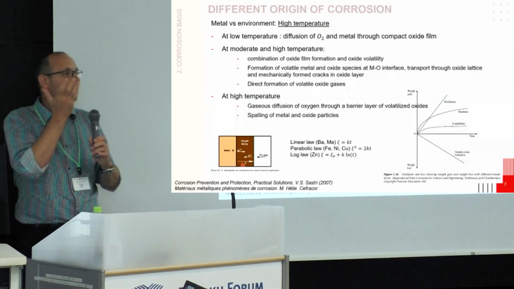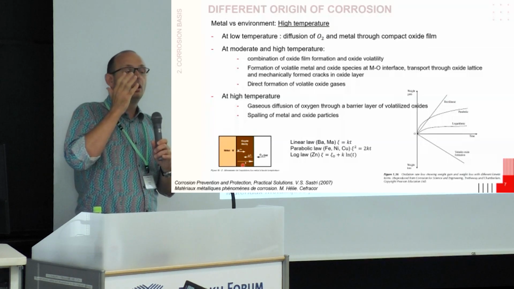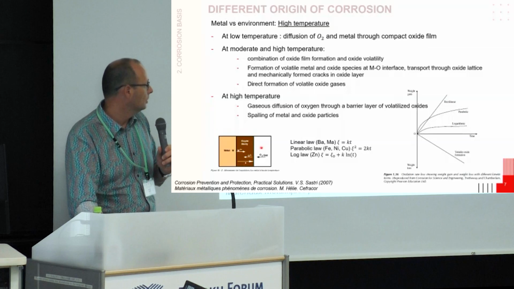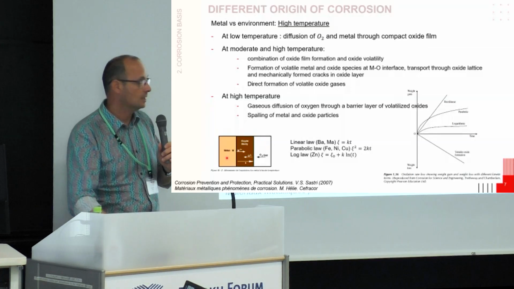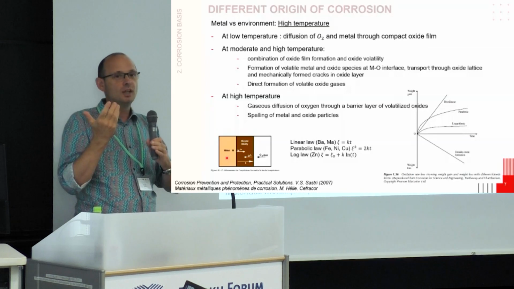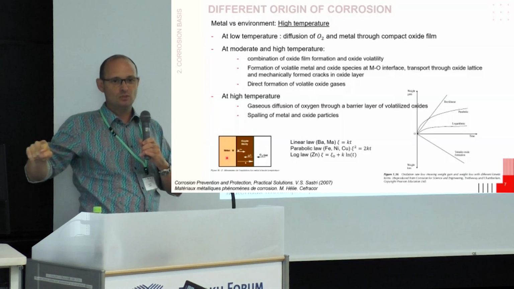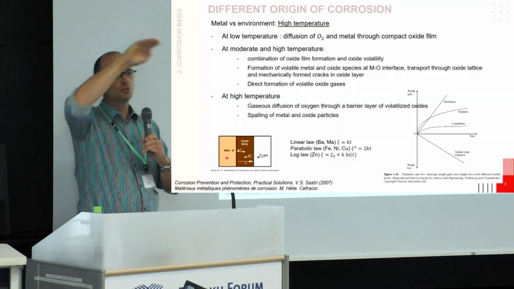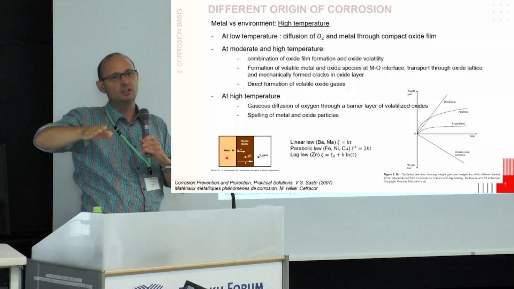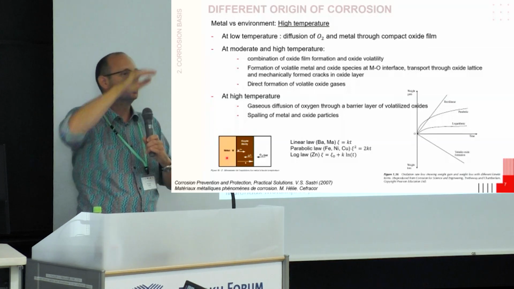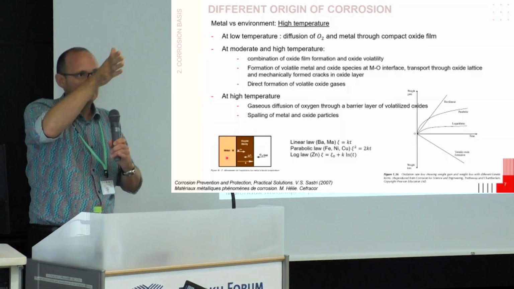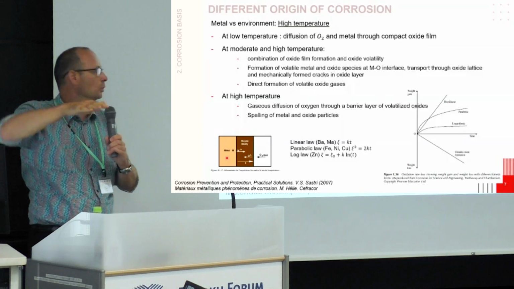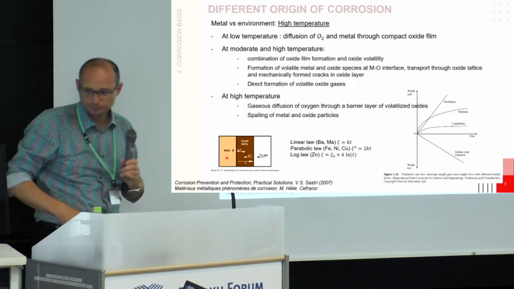Actually, this is a problem of potential. The environment is at one potential, the metal is at another potential, and nature doesn't like a straight jump of potential. It tends to soften the jump. So you have to create something which adjusts the difference of potential at every point. This is the oxide.